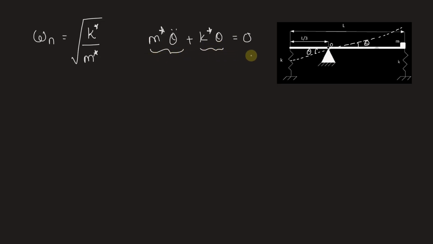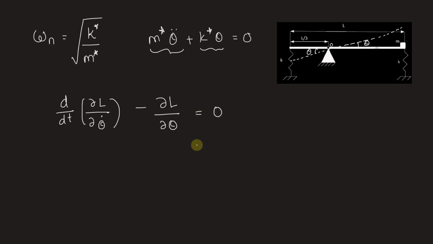Let's formulate the equation of motion using Lagrange's equation: time derivative of partial derivative of Lagrangian with respect to theta dot, that is velocity, minus partial derivative of Lagrangian with respect to displacement theta, equal to 0.